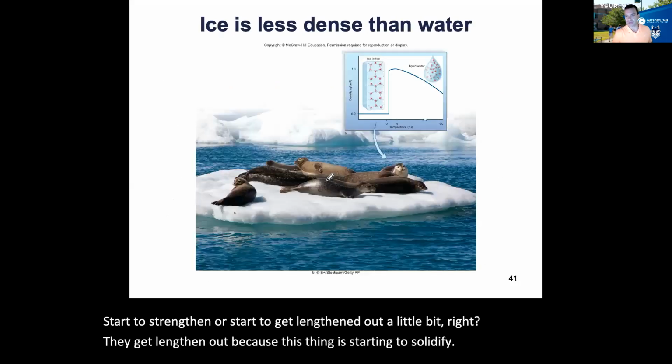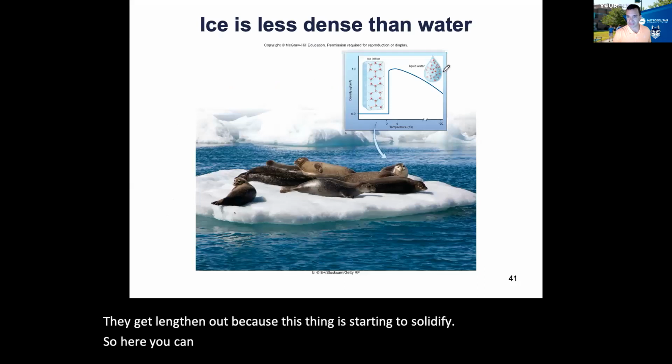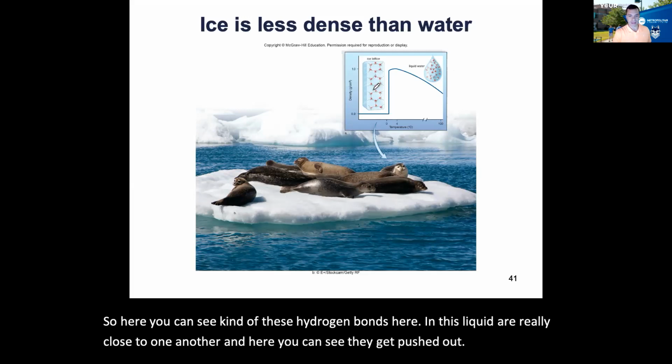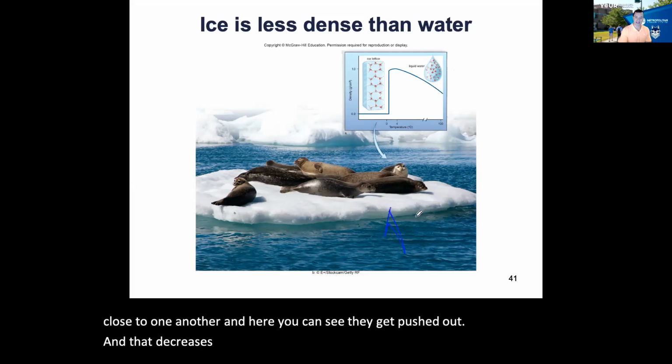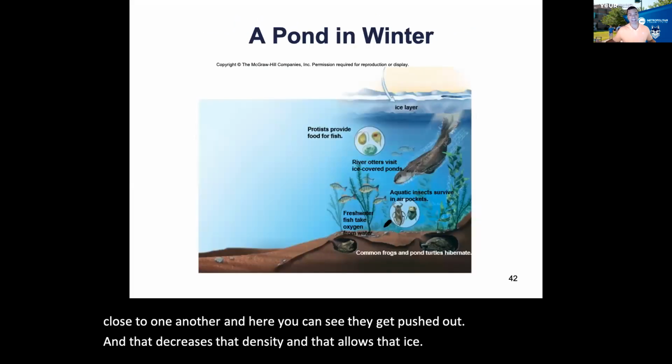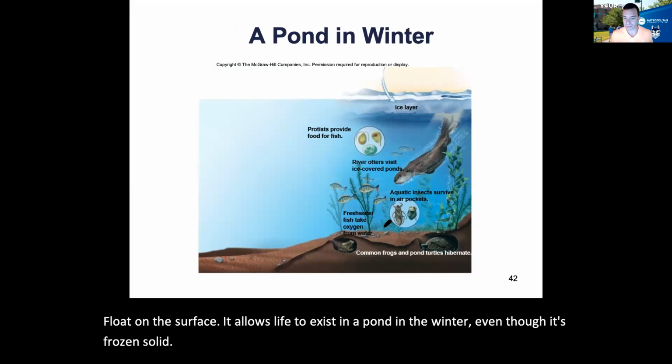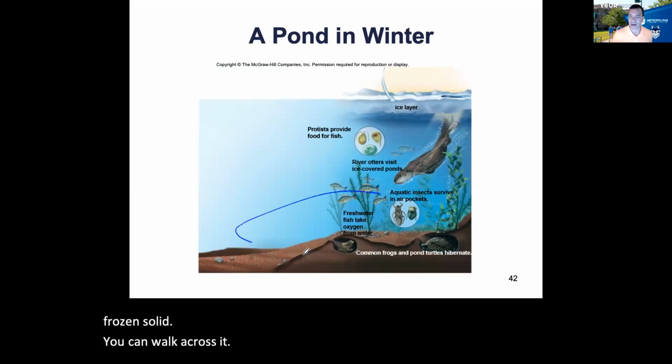Here you can see the hydrogen bonds in this liquid are really close to one another, and here they get pushed out. That decreases the density and allows the ice to float on the surface. It allows life to exist in a pond in the winter, even though it's frozen solid. You can walk across it. It is not frozen on the bottom.